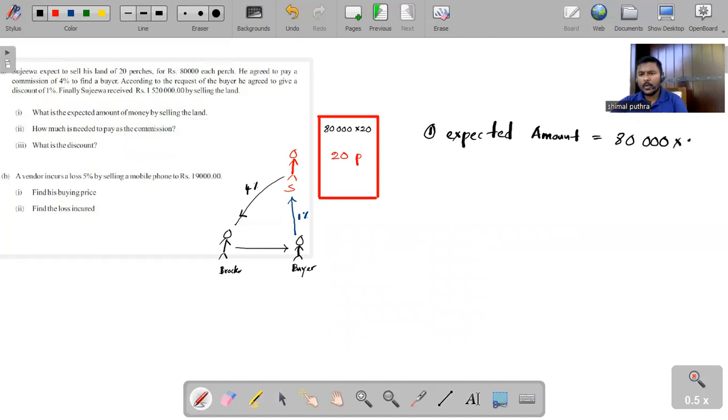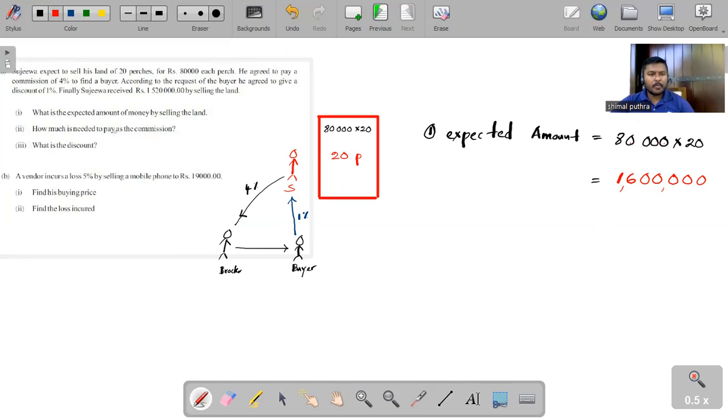He sold 20 perch. So per perch it is 80,000. The total is 20 perch. 8 into 2 is 16, then 5 zeros. He expected 1.6 million. That means 16 lakhs for this land.